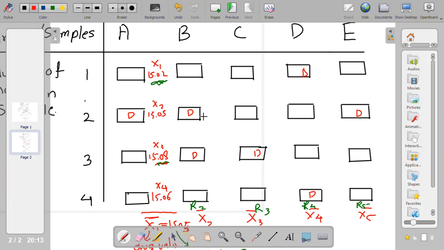Did you understand? So how many defectives are there in total in this process? 1, 2, 3, 4, 5, 6, 7. And how many total items are there?